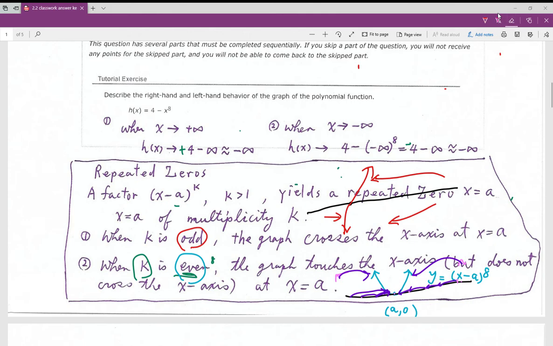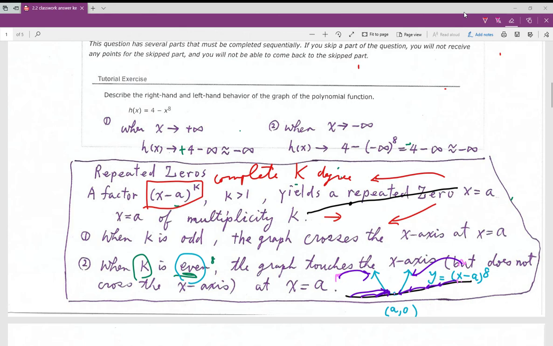So this is one new thing we learned. If you have a form of a totally complete k degree, then your graph will be very simple. Let me graph it better for you.